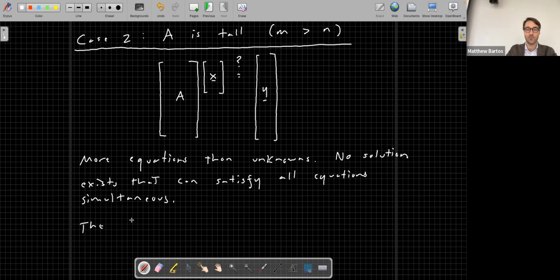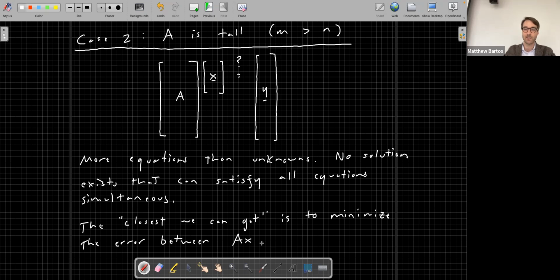In other words, the closest we can get is to minimize the error between AX and Y. There's no solution that exists for this overdetermined system of equations, so instead we're going to try to find the next best thing: the X that gets us closest to satisfying the system of equations.